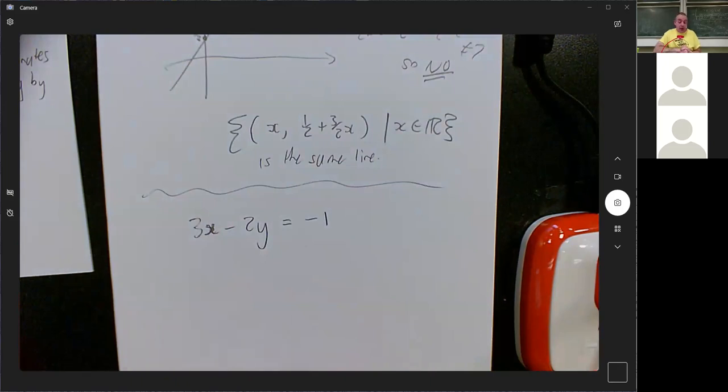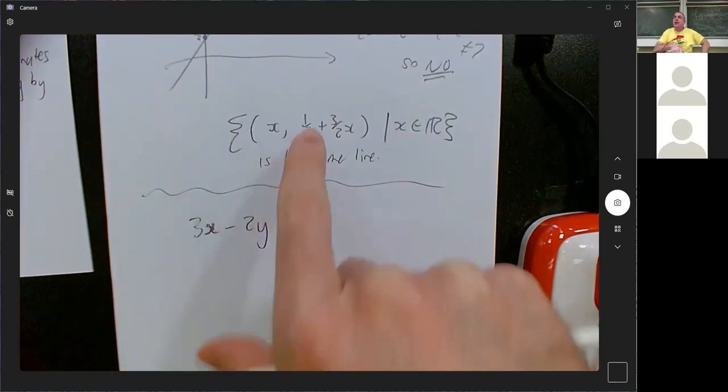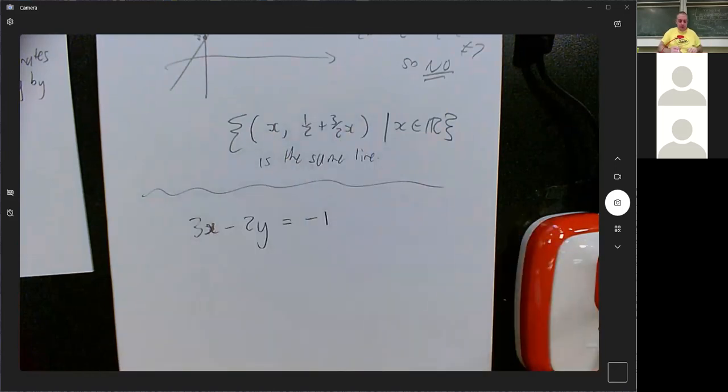If a point is on the line, sub in the x and the y coordinates, and if it comes out to -1, then it's on the line. But it's much harder to tell what the points on the line are. That's one of the big ideas here, that these are two different ways of describing what the points in a set are. This is a Cartesian equation, and this, well, I don't even know what that's called, but that's a thing. This tells you what all the points are.